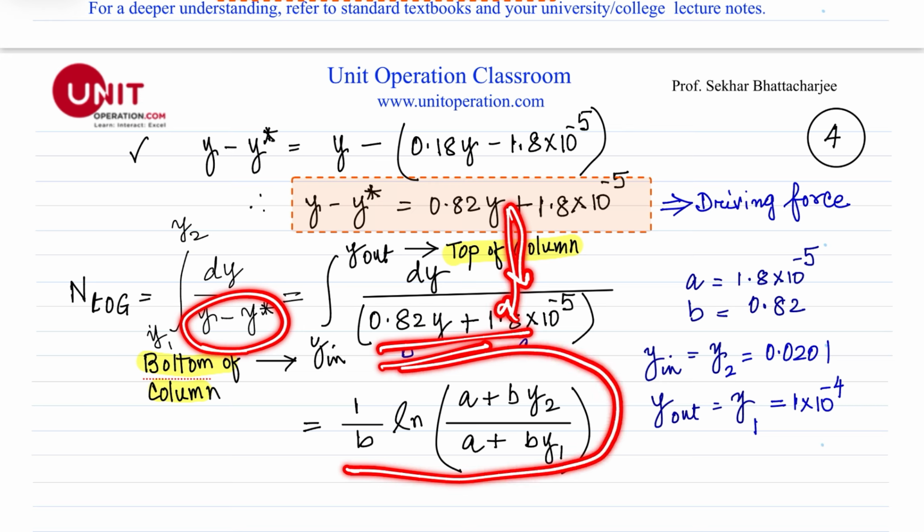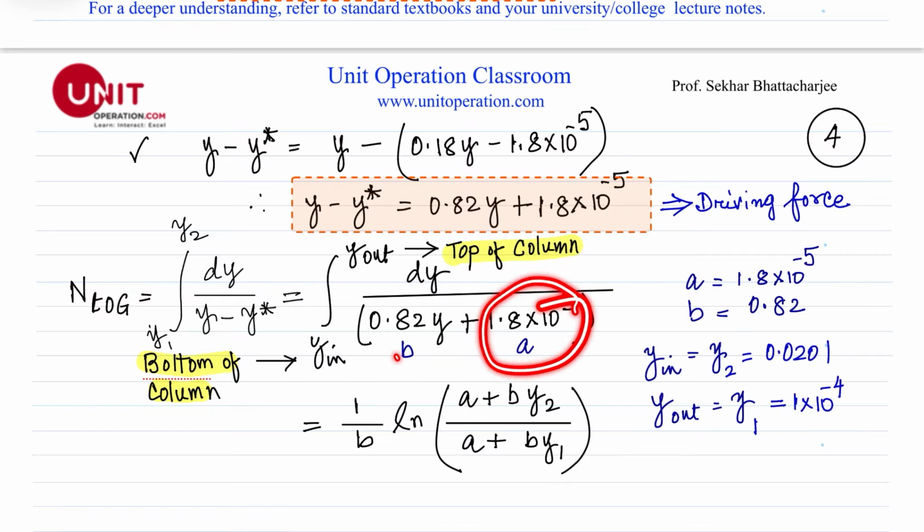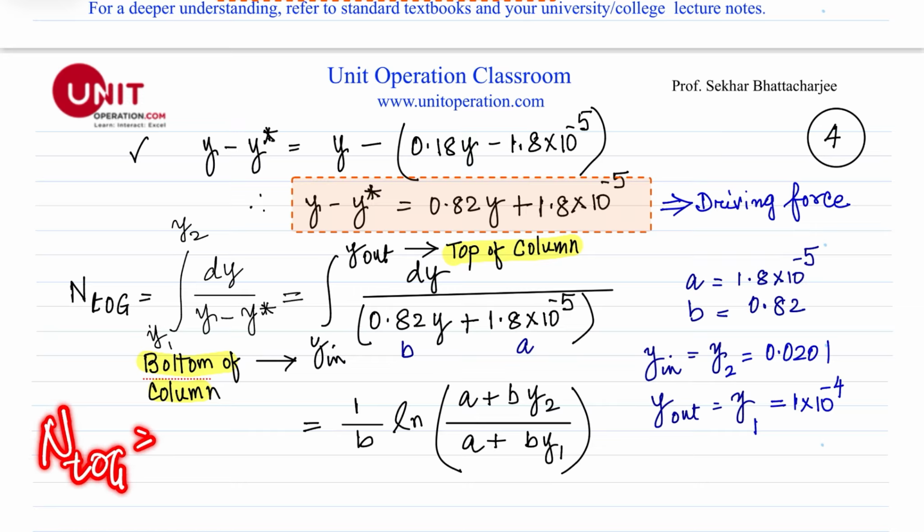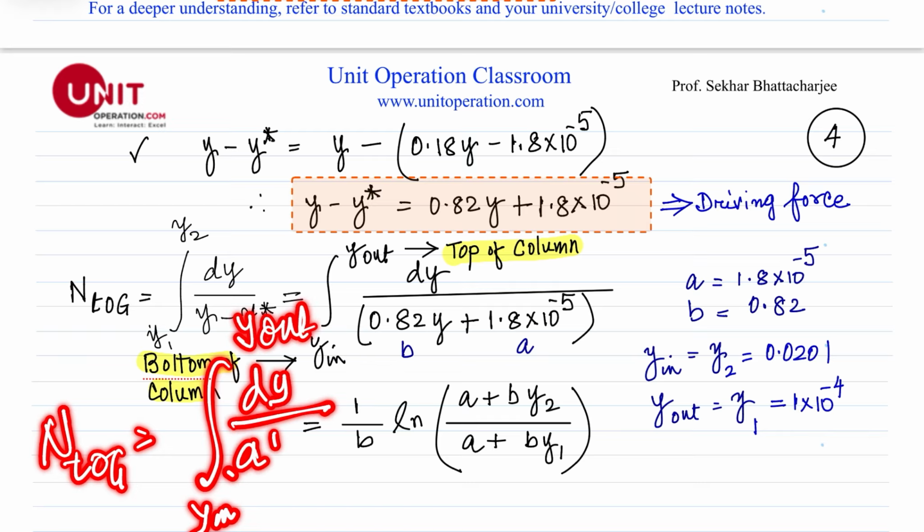By integration, this is where this is equal to a and this is equal to b. So NTOG is equal to the integration from y in to y out of dy over a plus by, and this is the standard integration.